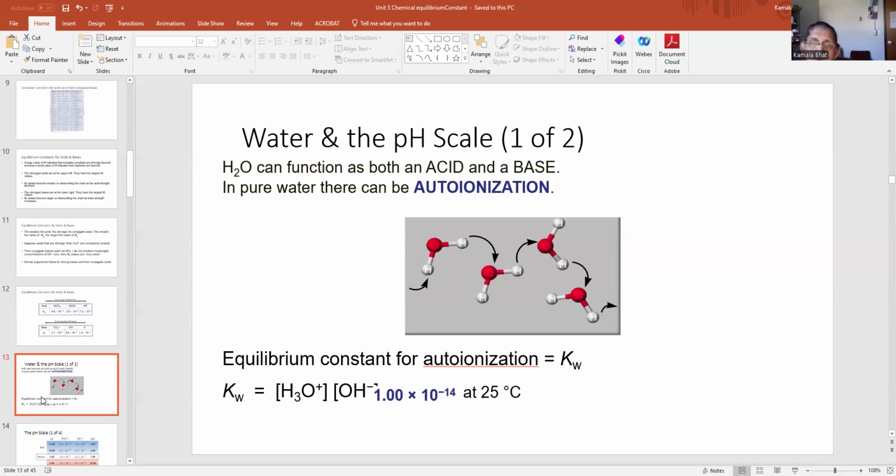The remaining 2 are lone pairs, and the hydrogen of one molecule bonds with the lone pair on the oxygen, and you get your chain formed.